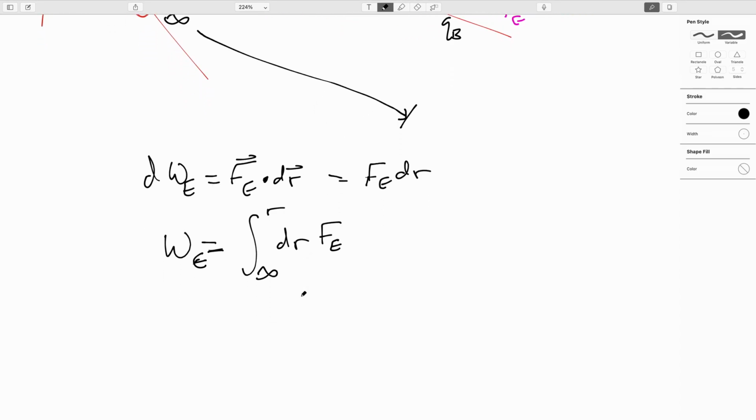All right, so while we're at it then, we can go ahead and say that the potential energy here, because we set it at infinity to be 0, is the same as the change in the potential energy, and this will be equal to the negative of the work done by the electric force. So this will be the negative of that integral.